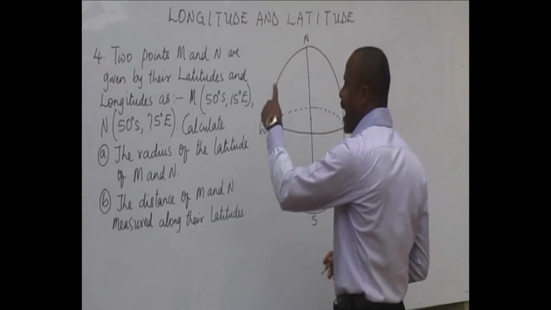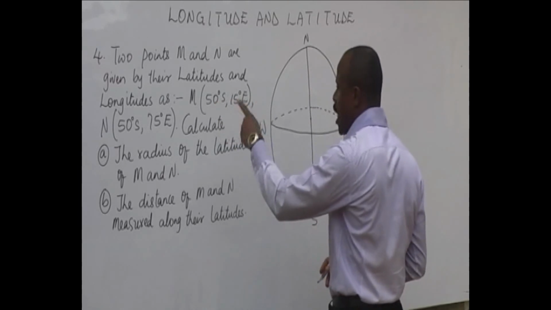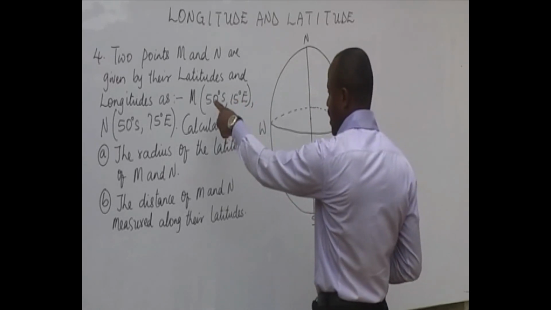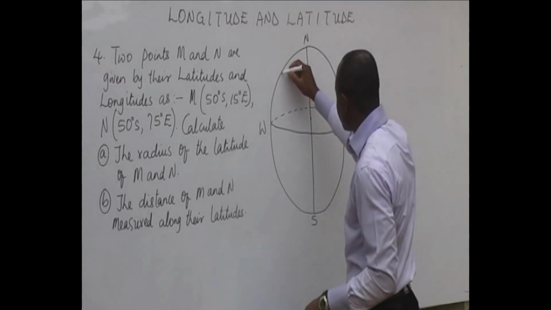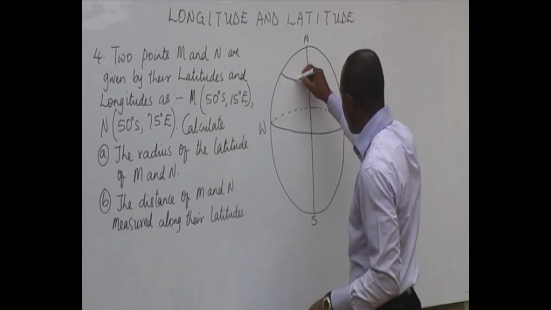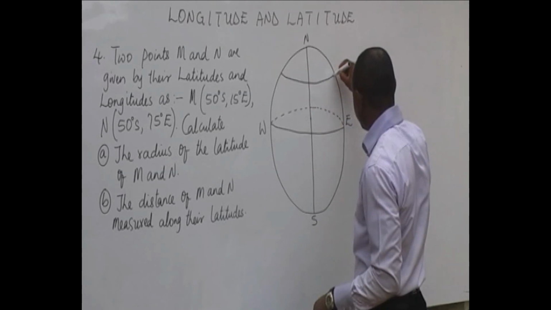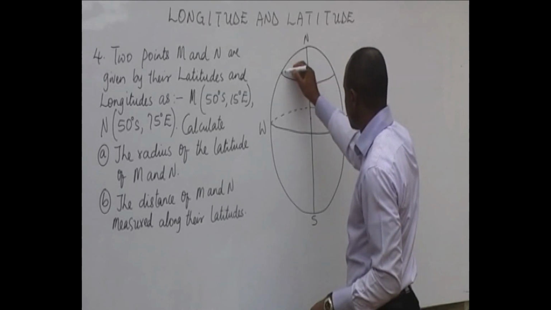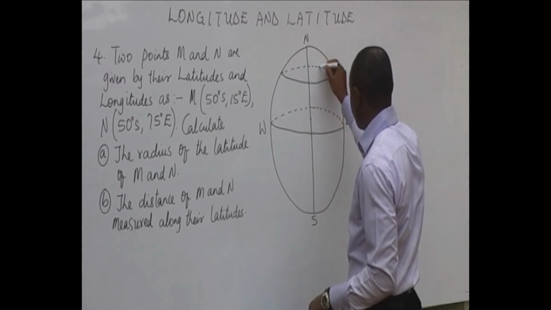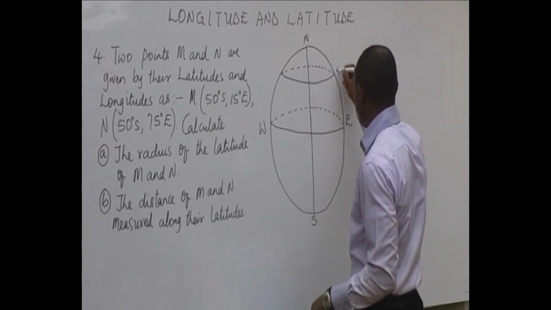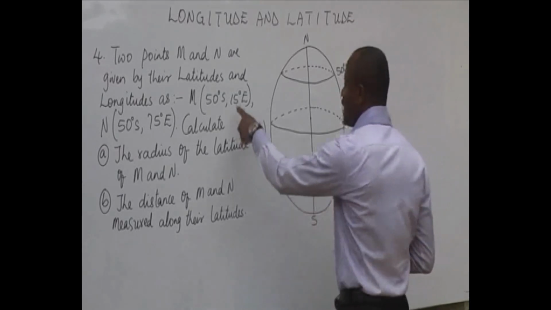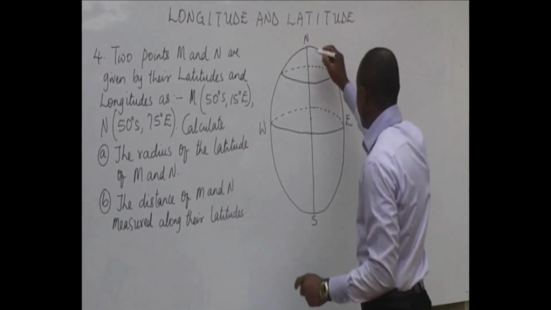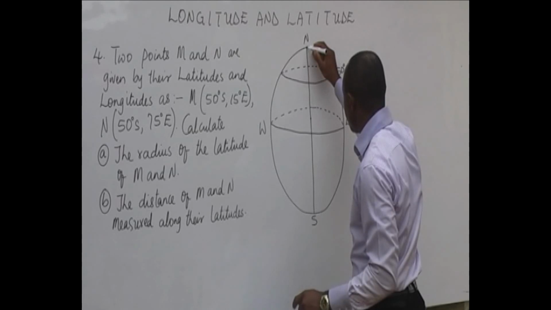2 points M and N are given by their latitudes and longitude as M 50 degrees south. So draw a line of latitude on the northern part of your globe. Let this represent 50 degrees north and 15 degrees east.